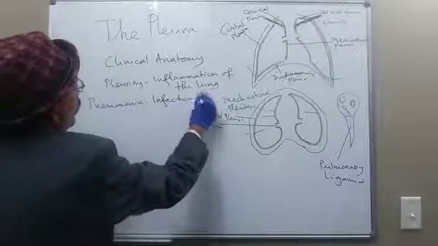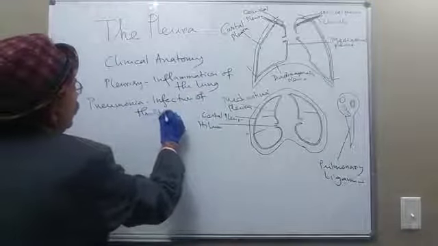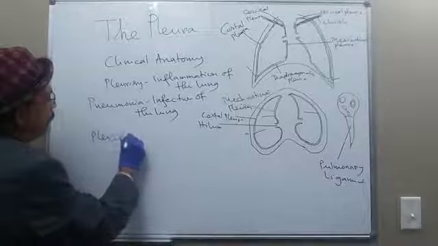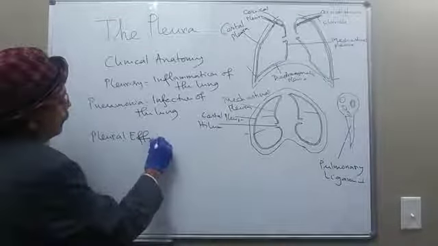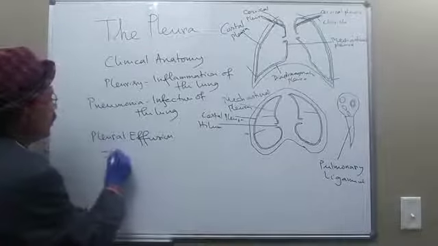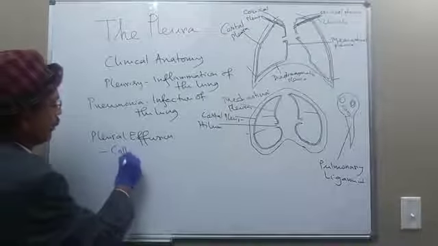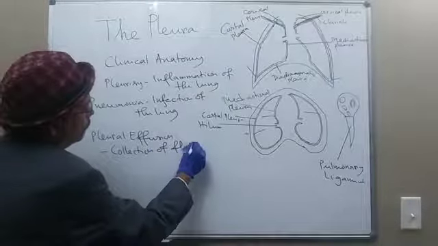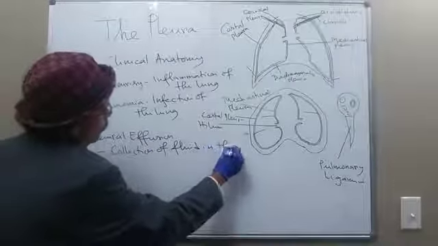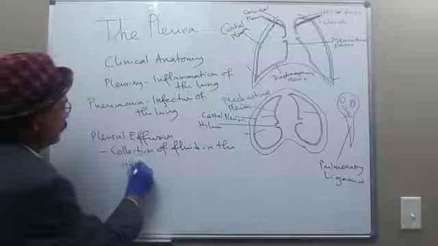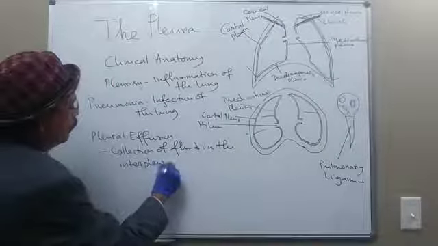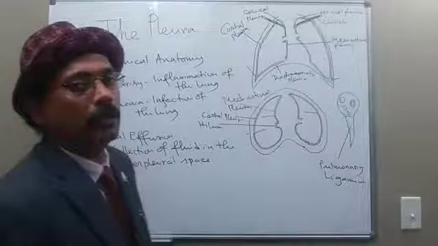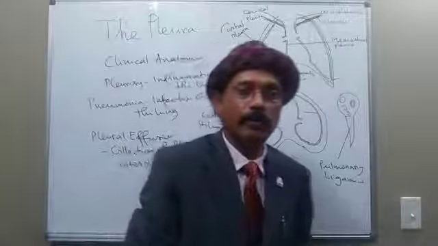We have pleural effusion. This is collection of fluid in the interpleural space. Okay. We have collection of chyle, that is called chylothorax.